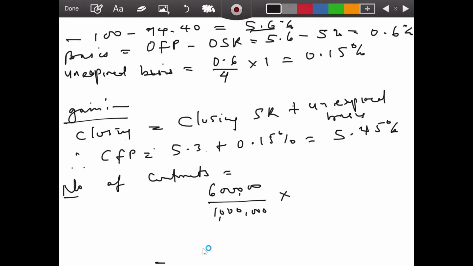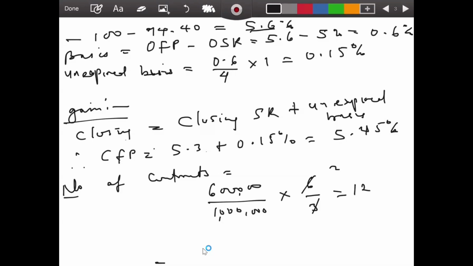The loan is supposed to be a 6-month loan. So this will be 6/3. So 3 goes here, 3 goes here, that's 2. That becomes 12 contracts. So the number of contracts is 12 contracts.